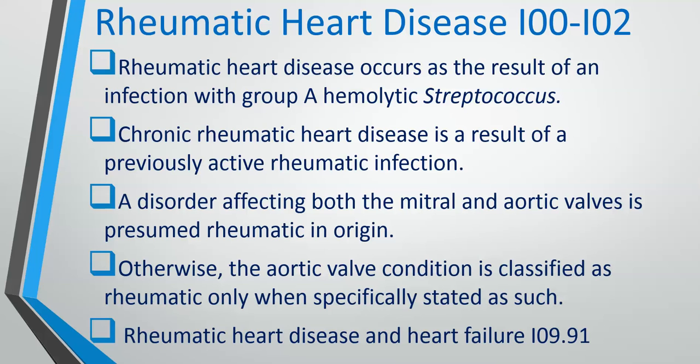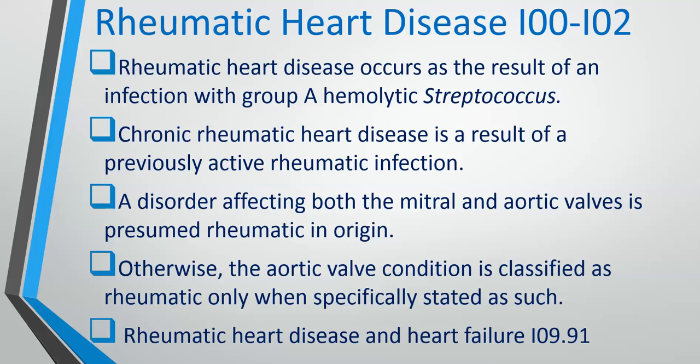A diagnosis of heart failure in a patient who has rheumatic heart disease is classified as I09.81 rheumatic heart failure unless the physician provides documentation of a different causal relationship. An additional code from I50 heart failure is assigned to identify the type of heart failure. However, do not make an assumption that congestive heart failure is rheumatic in nature.